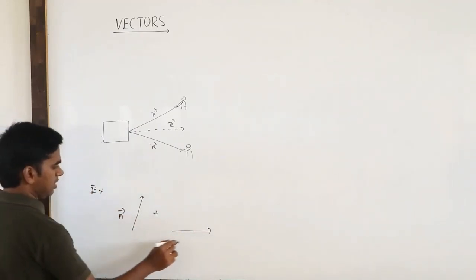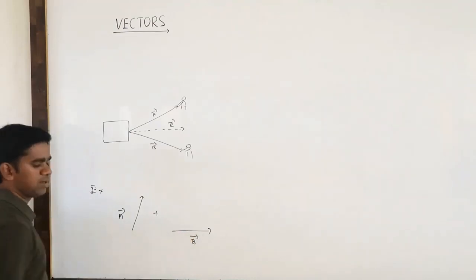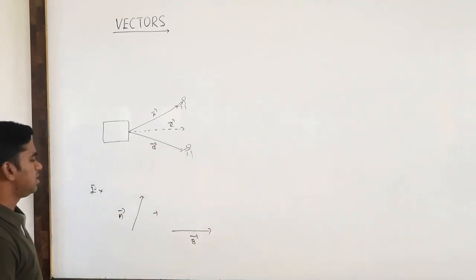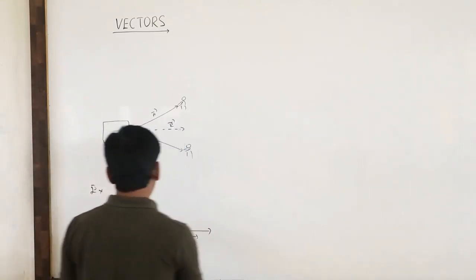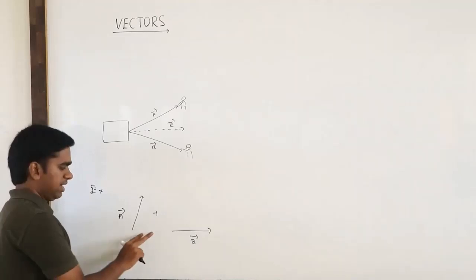So this is our vector A and this is vector B. What will be the solution? Very simple. You have to join tail to tail.